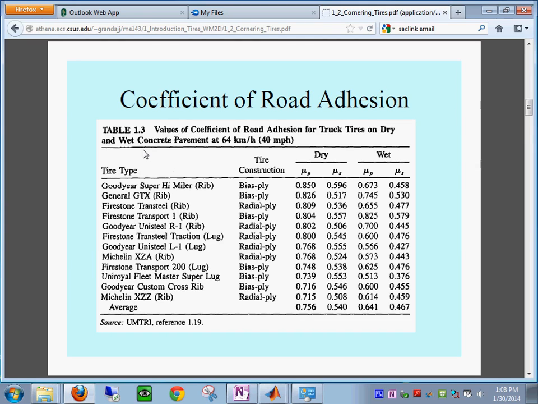If you have like a 0.8, that's probably the maximum you can get. I've never seen 0.9, but 0.7, 0.8 on tires working on asphalt, that's what you would see. Then General Tire GTX 0.2. You see this one is a radial tire.